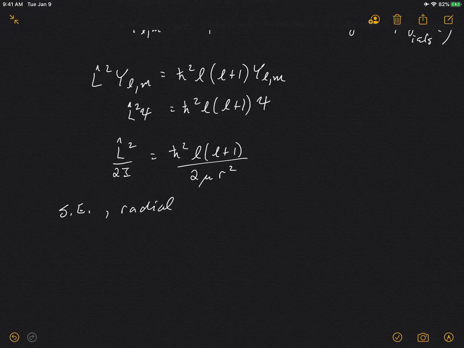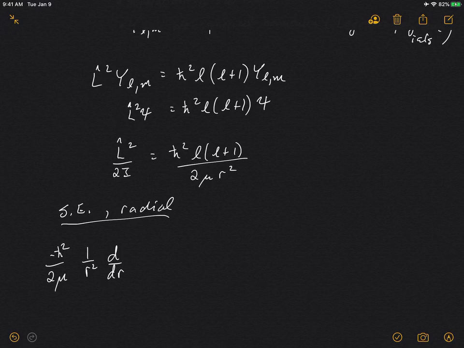and then plug in eigenvalues for the operator. And this allows us to simplify our Schrodinger equation a little bit. So the Schrodinger equation for the radial part is going to be minus h bar squared over 2 mu, 1 over r squared d/dr.